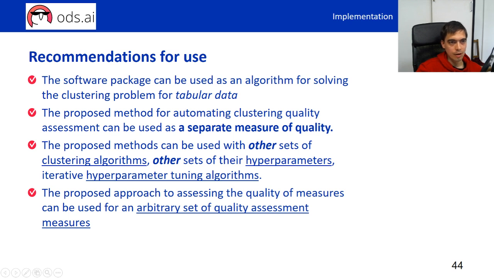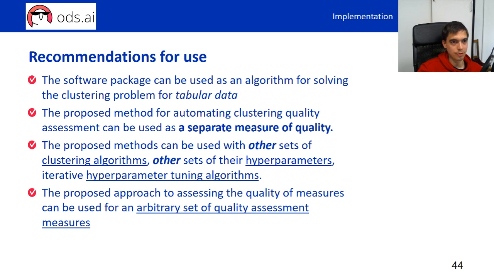As for the recommendations for use, the software package can be used as an algorithm for solving the clustering problem for tabular data. The proposed method for automating clustering quality assessment can be used as a separate measure of quality that we have already mentioned. We call it meta CVI. It's also important to note that the proposed methods can be used with other sets of clustering algorithms, other sets of hyperparameters, and another iterative hyperparameter tuning algorithm.